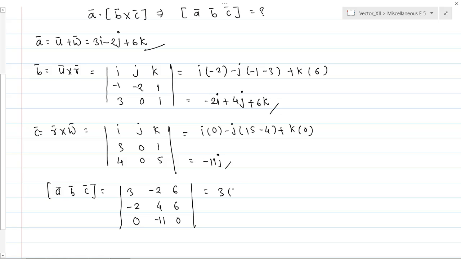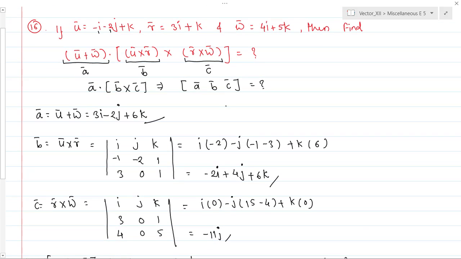So it is 3 into 0, minus 6 into 6, plus 2 into bracket 0, and plus 6 into bracket 22. Solving this, the answer to this question is 330. I hope you get this.